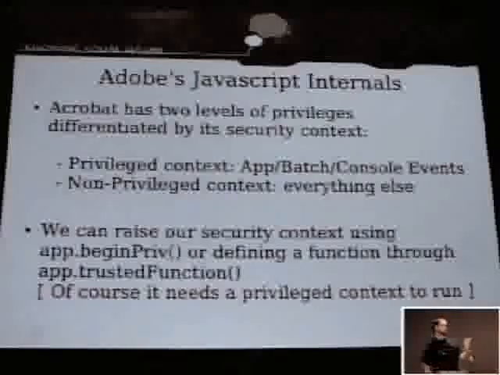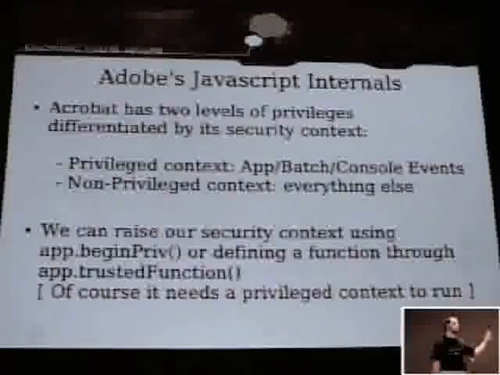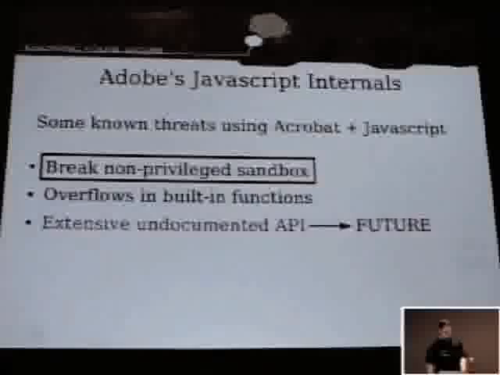You can raise your security context by creating a trusted function, but to create a trusted function you need to be in a privileged context, so it's not an option in an attack. So the first kind of threat that you can find is breaking the non-privileged sandbox.